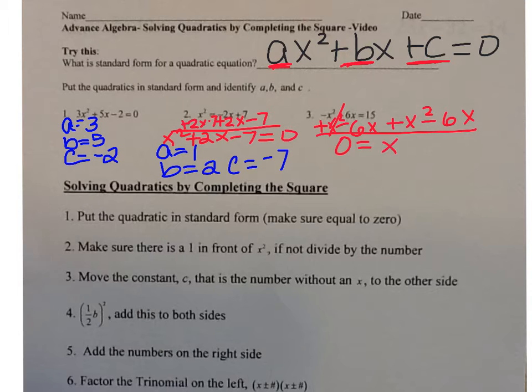I'm going to get my x squared first, minus my 6x, and then my plus 15. Remember, a is what's in front of x squared, so that's 1. B is the number that's in front of x, that's negative 6. And c is the number that has no x. Remember, that's called your constant, okay? And that's 15.